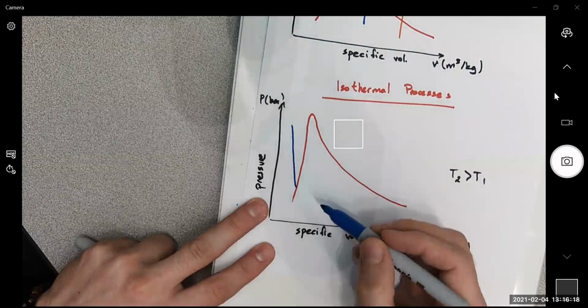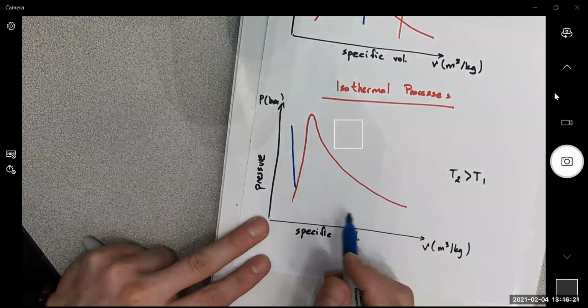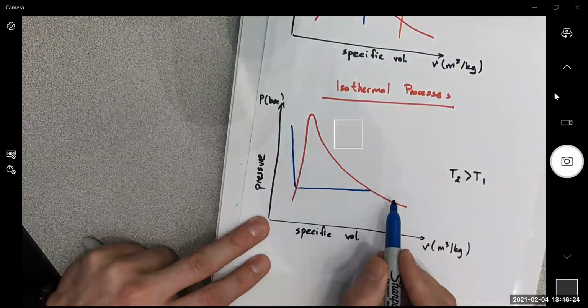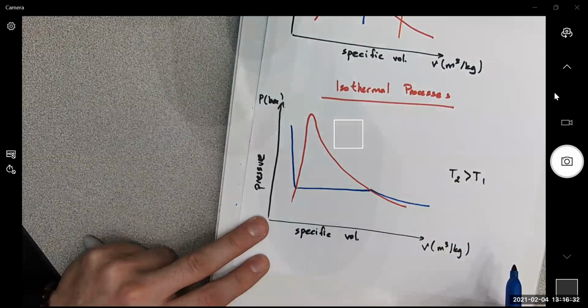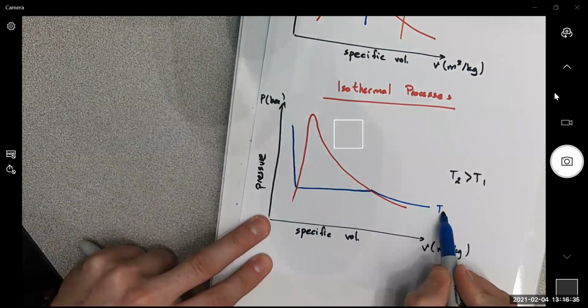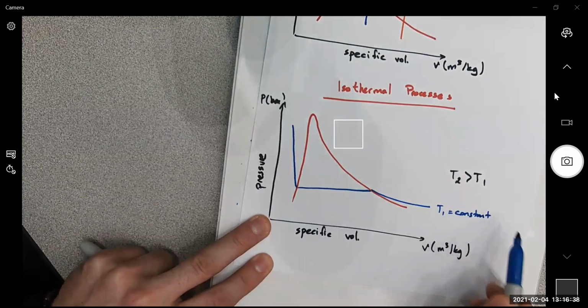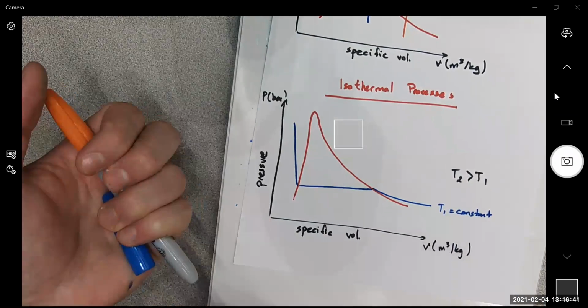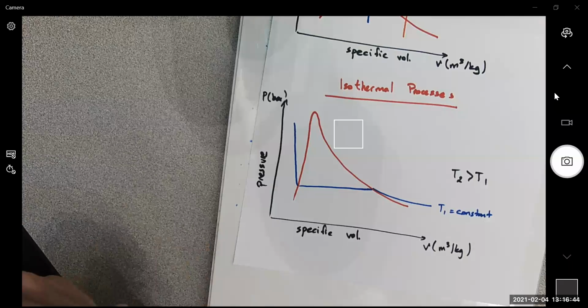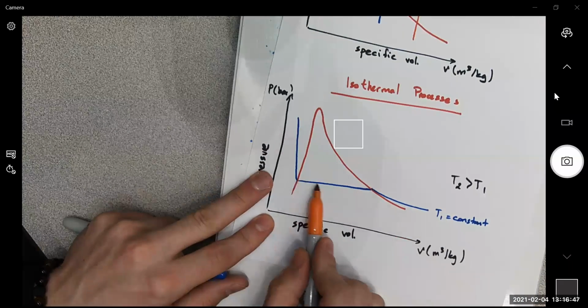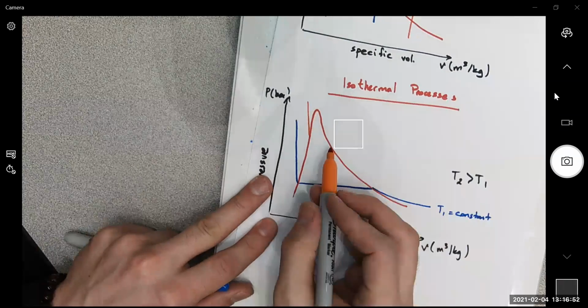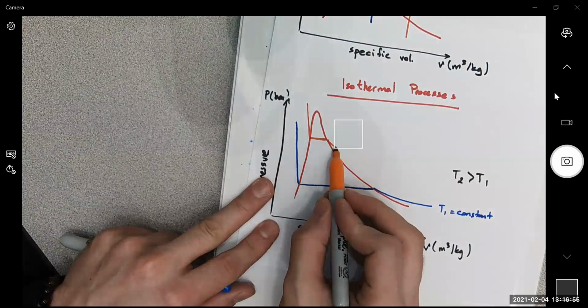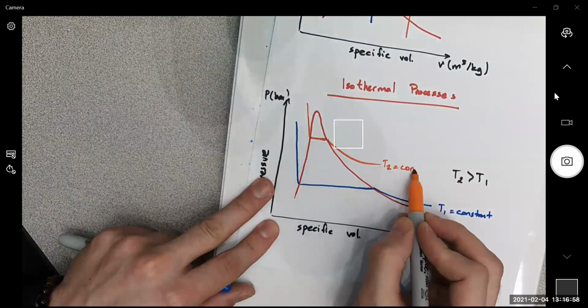It's relatively linear on the liquid side, constant under the saturation curve, and quadratic in the superheated region. T1 constant is a constant temperature line on a PV diagram. For higher temperature, this is not quite right, this should be horizontal. T2 constant.